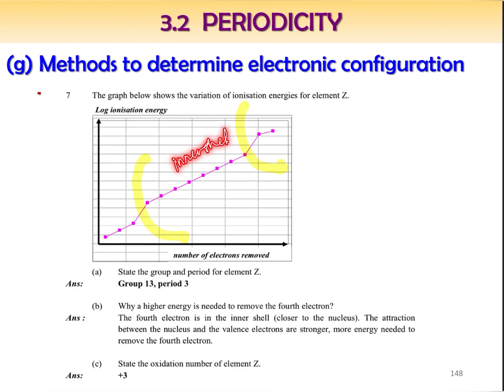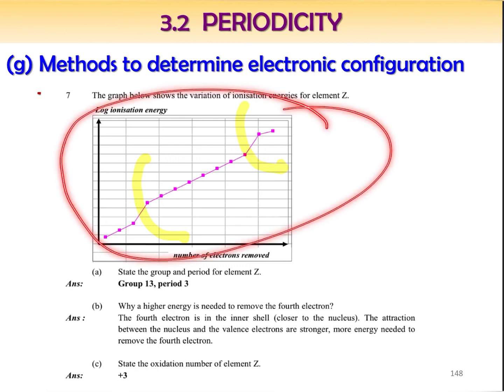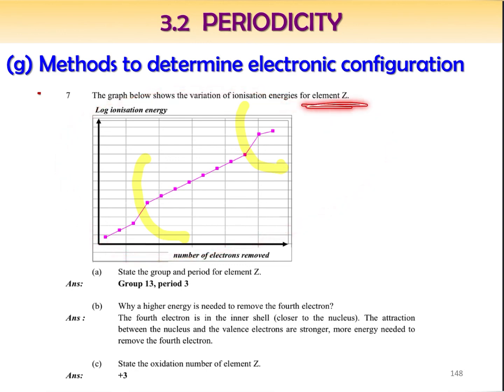Shell yang berbeza lah, right? So from this data, we can deduce the element Z ni adalah, dia ada 3 valence electron. So maksudnya dia adalah group 13, 3 tambah 10, sebab dia adalah P block.